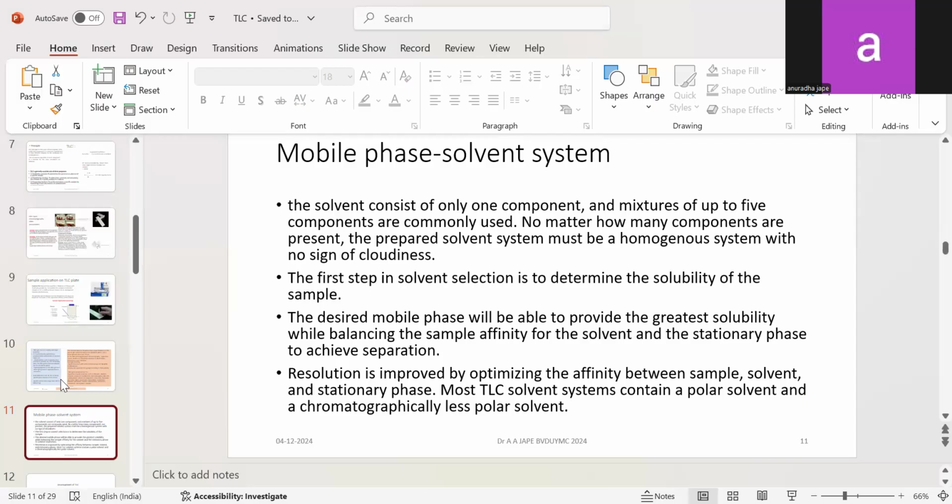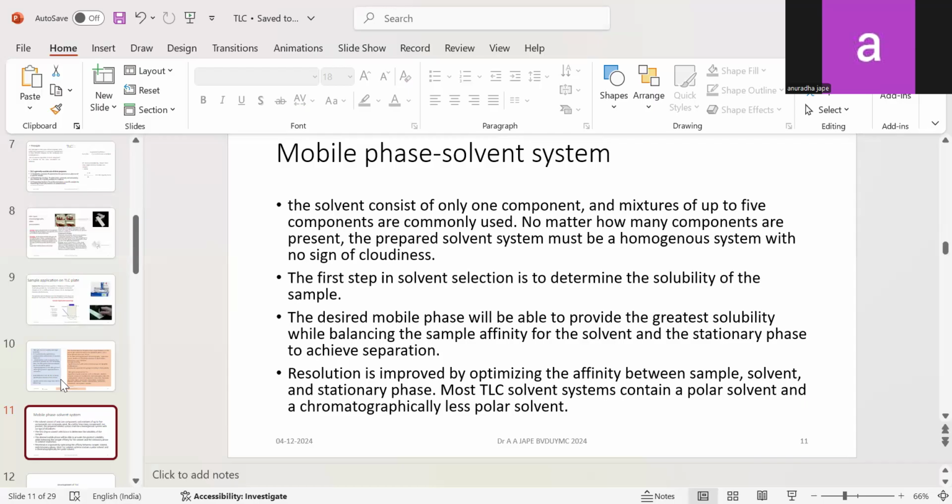So, selection of the mobile system should be such that you have to take into consideration the polarity of the analyte and the polarity of your mobile phase, and then how well it is going to be solubilized in it and how strongly it is going to interact with the mobile phase. At the same time, partitioning has to occur. The analytes have to get separated. So, selection of a solvent system is the step that requires research.